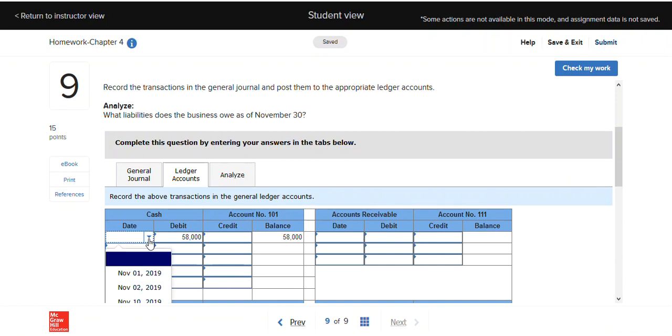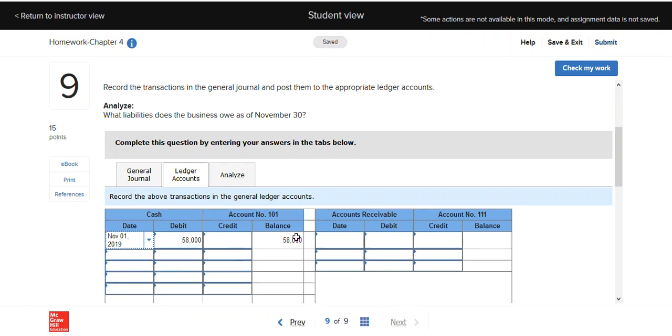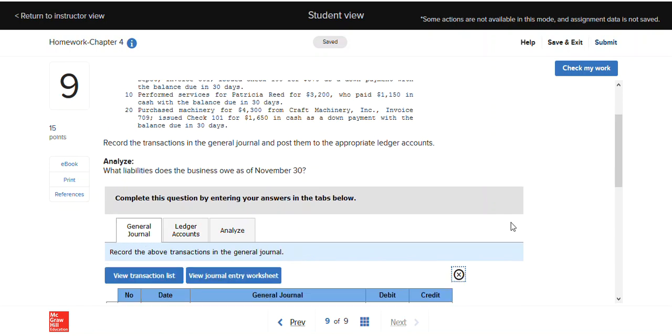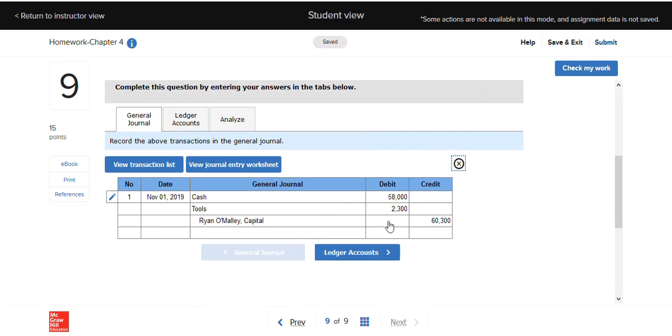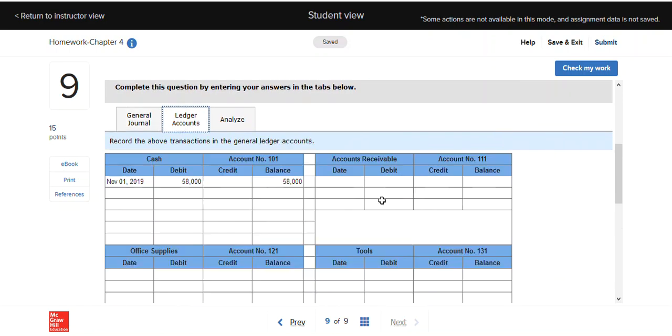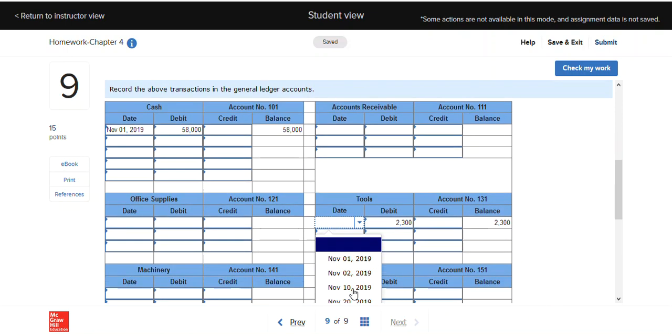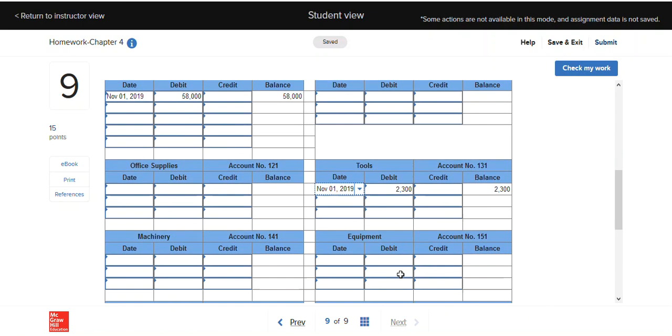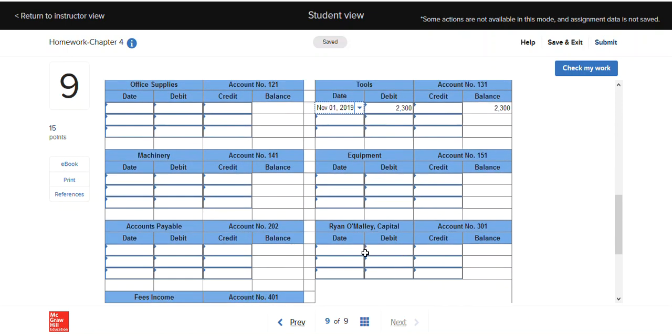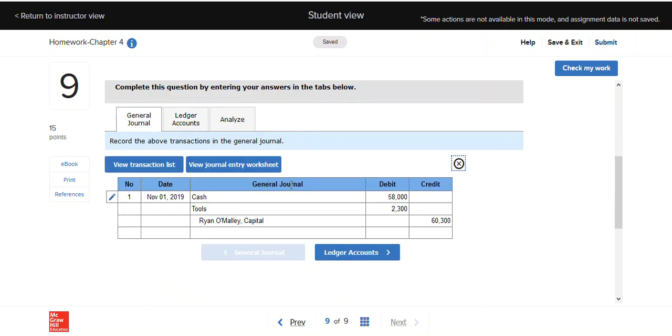That was on the 1st of the month, and the good news is it's going to calculate that balance for you. So that's the first line, and then I would just go on down. Tools, a debit of $2,300. And capital, also on the first, was a credit of $60,300.